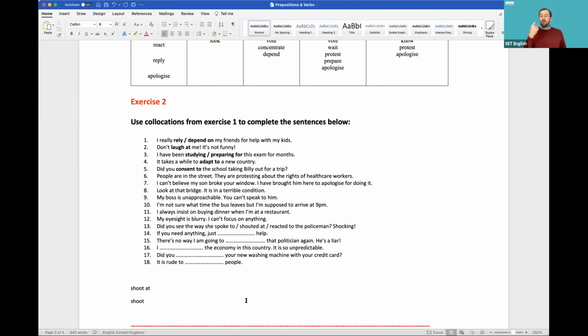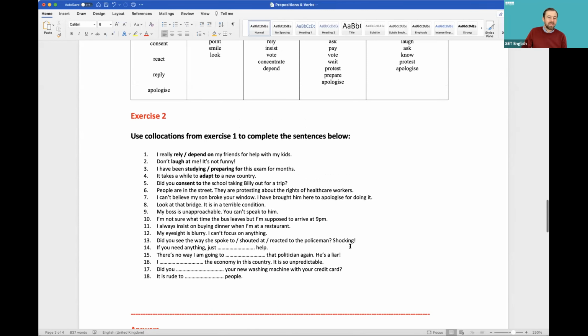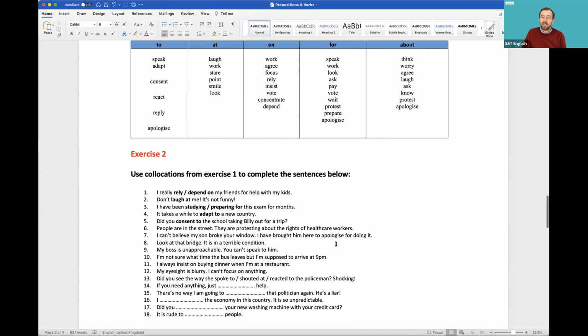Shooting at, you might be on top of the building with the gun and you're like, bam, bam, bam, bam, because you're not sure. You're targeting from a distance. It's not sure that you're definitely going to get it. It's not very nice, but they're very different. It shows you how the preposition changes the meaning.